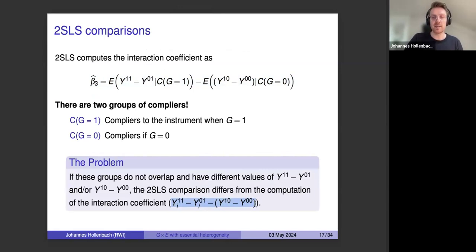And I guess you're right, it's totally fine for us to estimate two-stage least squares. It's just about the interpretation of the estimate that may not be retained. And I should have probably worded that better.